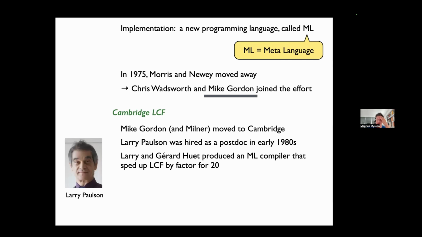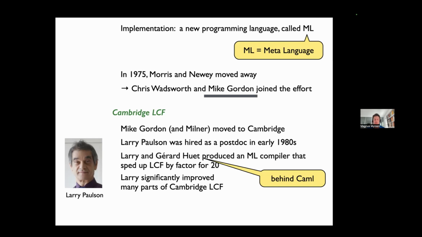Then Larry and Gérard Huet produced an ML compiler that sped up LCF by a lot. And by the way, Gérard Huet is behind Caml. He started Caml. And Larry worked on Cambridge LCF.